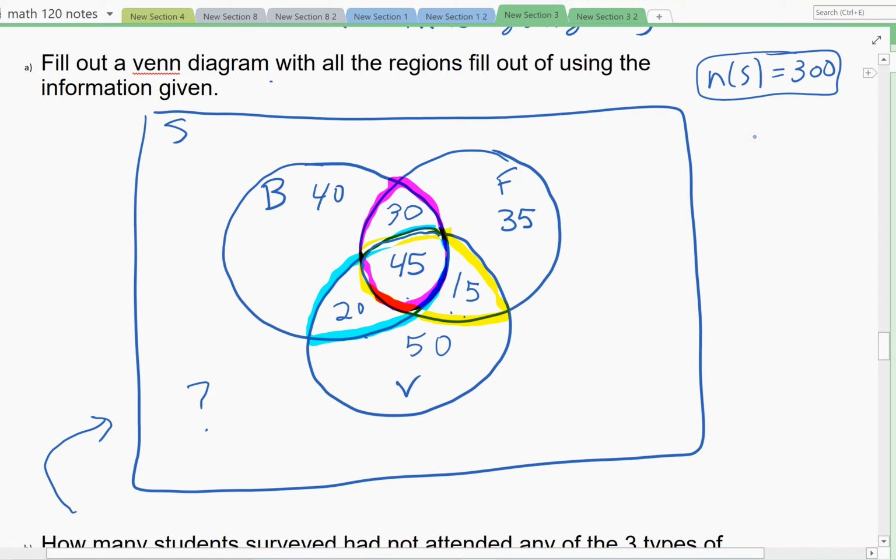All right, so there's two ways to do it. You can either just subtract it, or you can take the sum of all the values inside the circles. You add up all of those values inside the circles and then subtract that from our total.